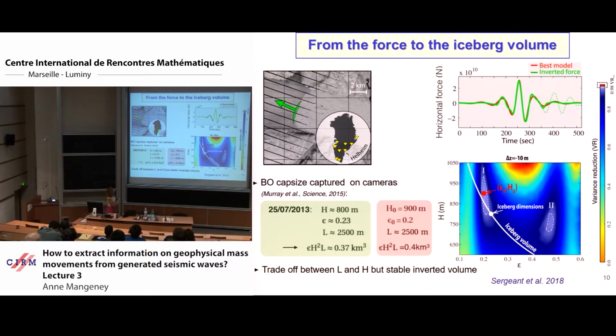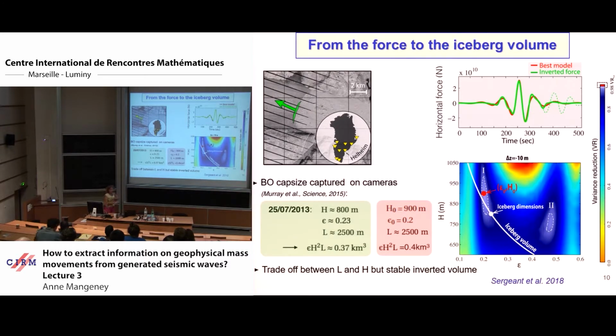And it was recorded at the Helheim Glacier here in the southeast of Greenland. And we have very good data for this iceberg. So the force that we invert from the seismic signal is in green here. You see this typical shape.